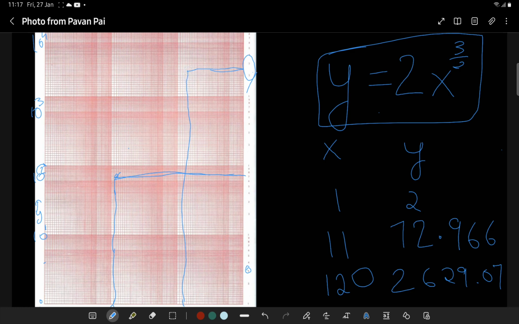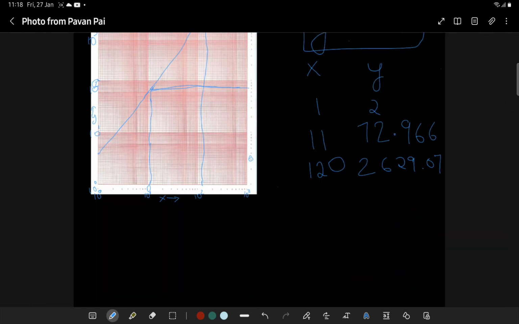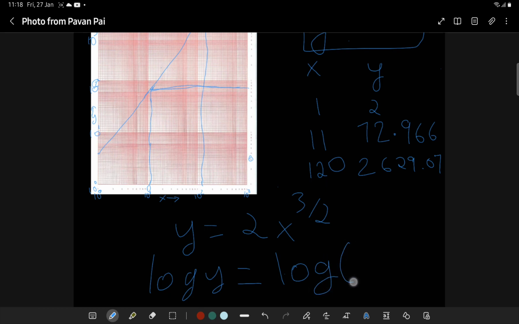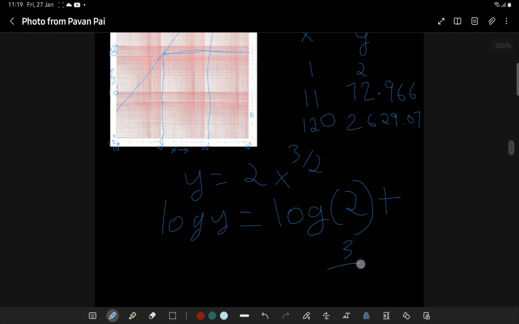Now let's see, when we join these 3 points we'll get an approximate straight line, because when we apply log on both sides, first let's consider the equation y is equal to 2x power 3 by 2. When we apply log on both sides, we'll get log y is equal to log 2 plus 3 by 2 times log x.